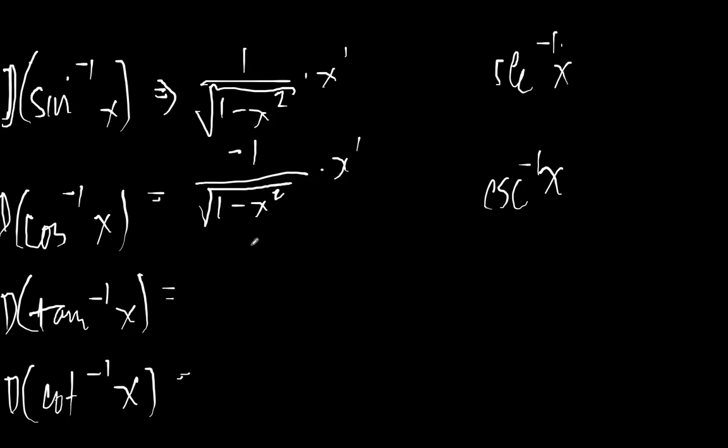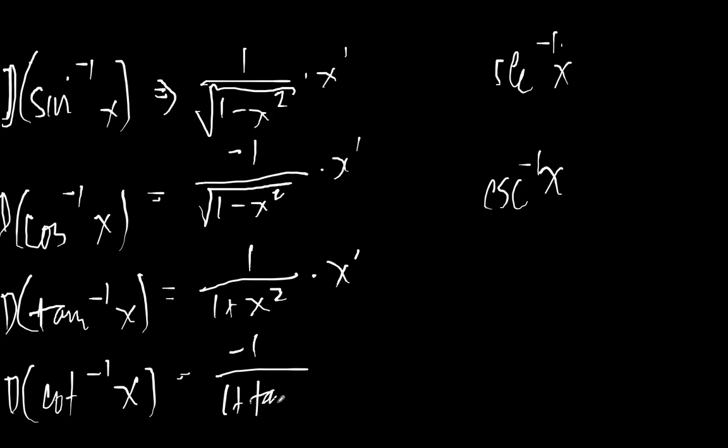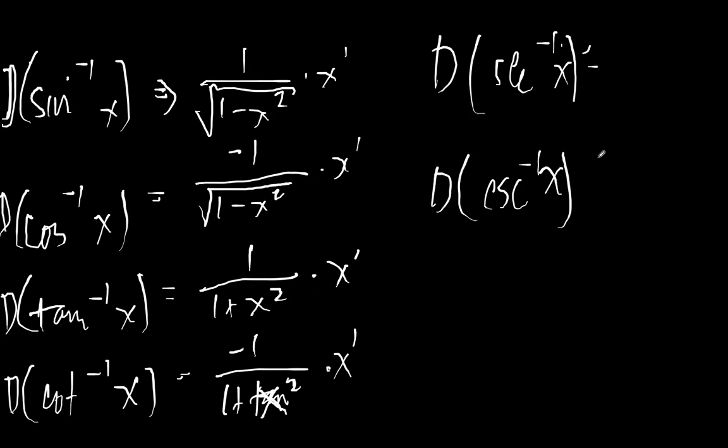And for inverse cotangent, it's negative 1 over 1 plus x squared times x prime. To find the inverse cotangent, just negate the derivative of inverse tangent. You're just copying, but you negate it, times x prime. And how about here? You will be using the same rule.